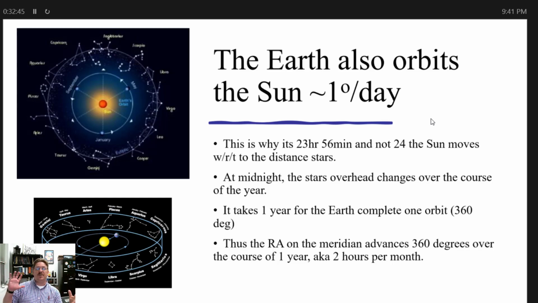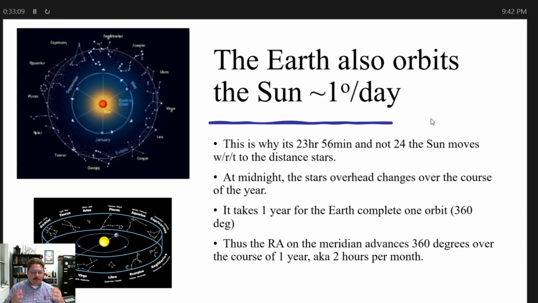That perspective slowly changes by 1 degree per day over the course of the entire year, in which case you can actually see all the stars. For example, the zodiacal constellations are the constellations that the Sun passes through at some point during the year. You're all familiar with the zodiac, the horoscopes, Aries, Pisces.